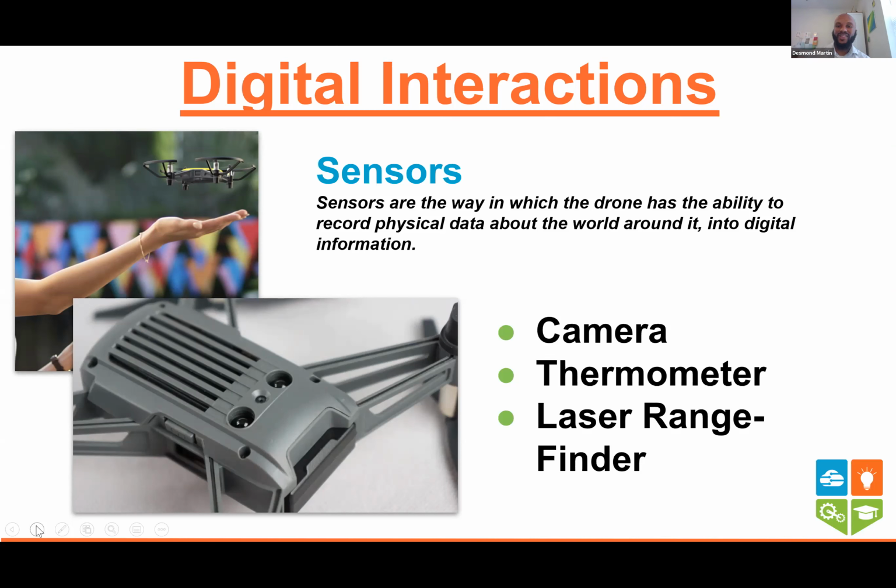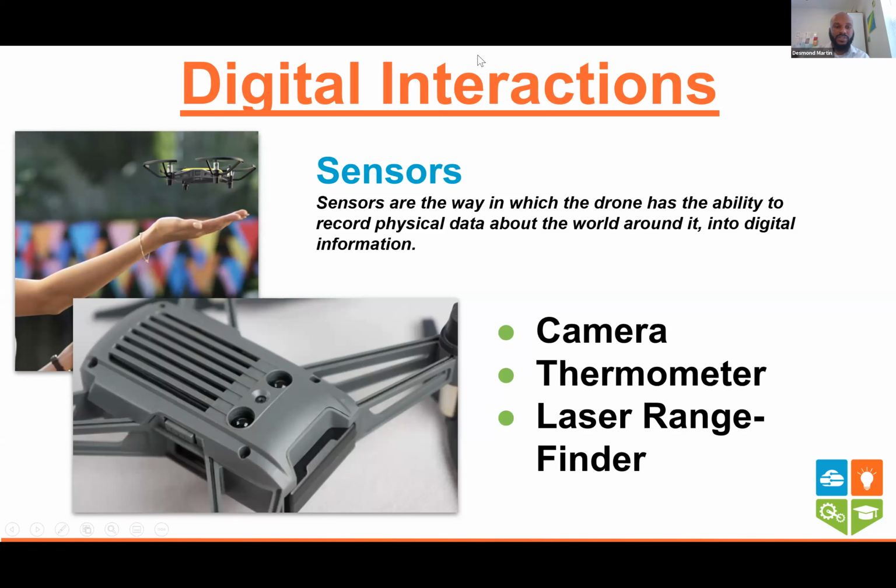The camera of our drone is very similar to an eye in that same respect, that it's capturing light. We have a digital thermometer on our drone that gives us more information about how hot or cold it is in the ambient environment of our drone.